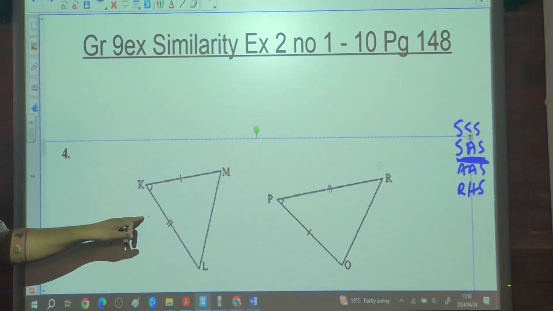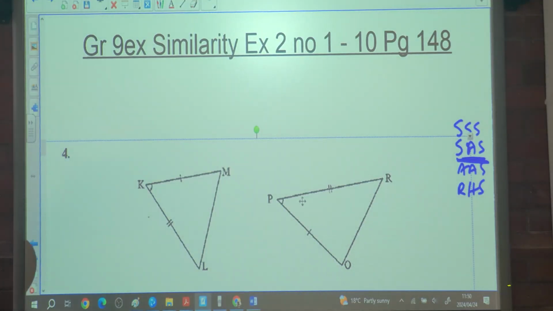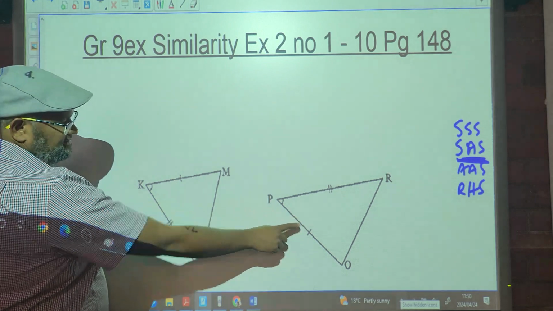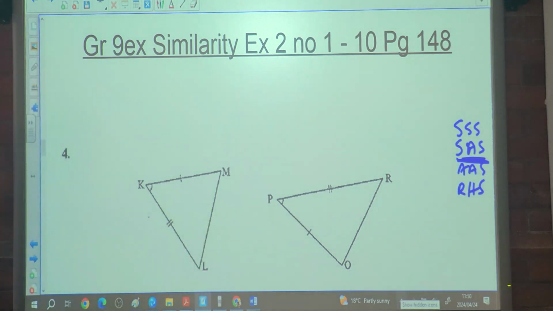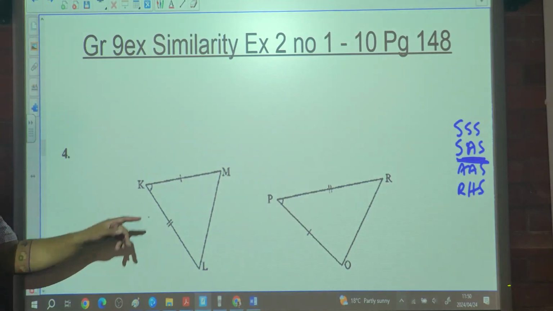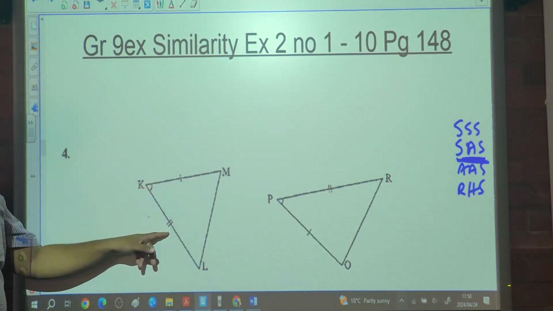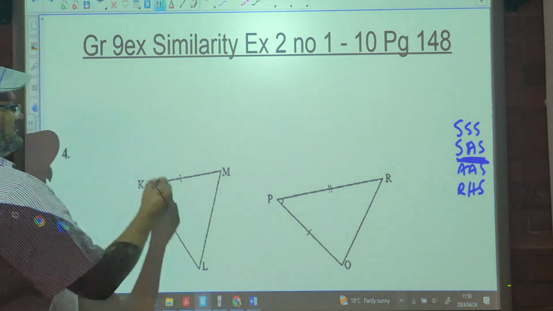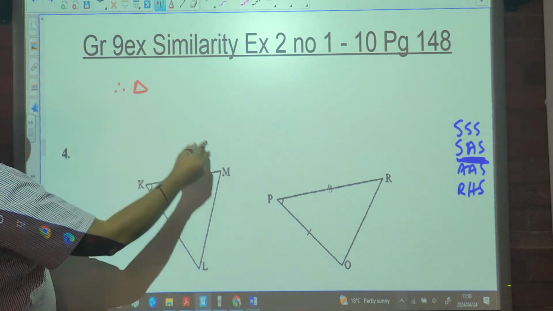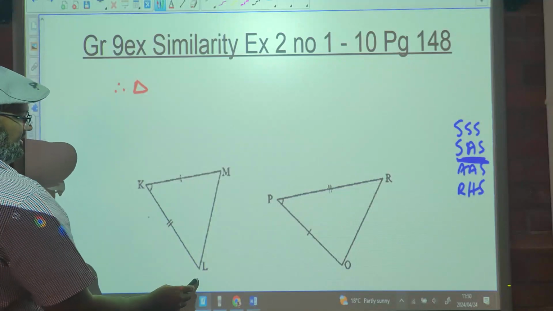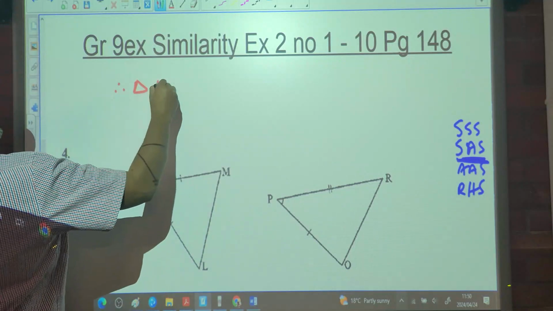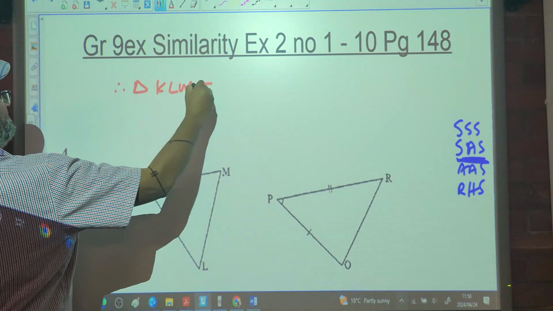Question is, are these two triangles congruent? Yes. On what account? Side angle side. You see that, people? So we say yes, therefore triangle KLM is congruent to triangle.